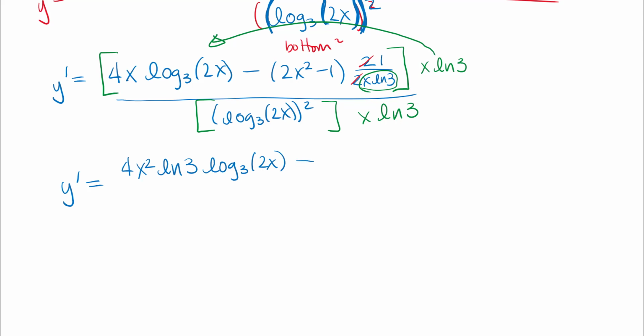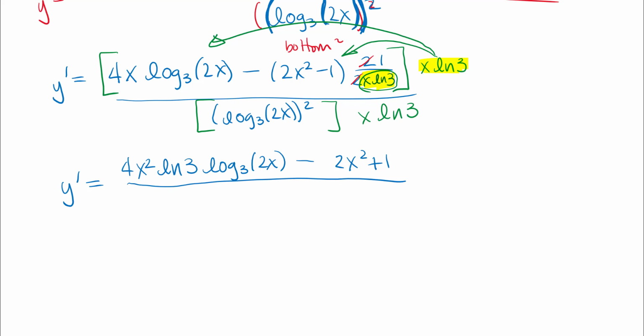And then when I distribute that to the second term, the whole point of doing that was that the x ln 3 that's on the denominator would cancel with the x ln 3 that I'm multiplying by, and I would get rid of that fraction. So I'm just going to be left there with the quantity 2x squared minus 1. And actually, I might go ahead and distribute that minus sign through on these last two terms. Okay, so there is the numerator, pretty much as simplified as I can get it.